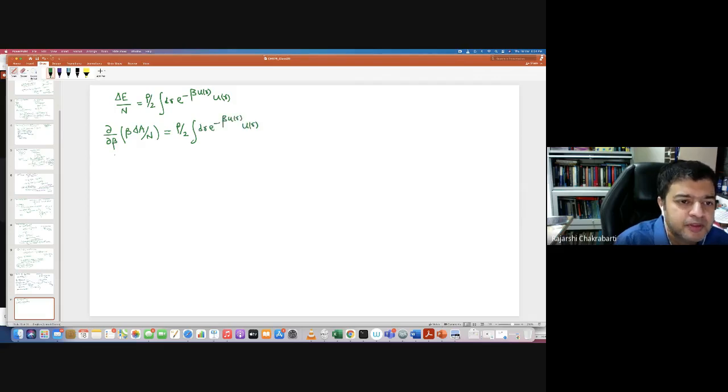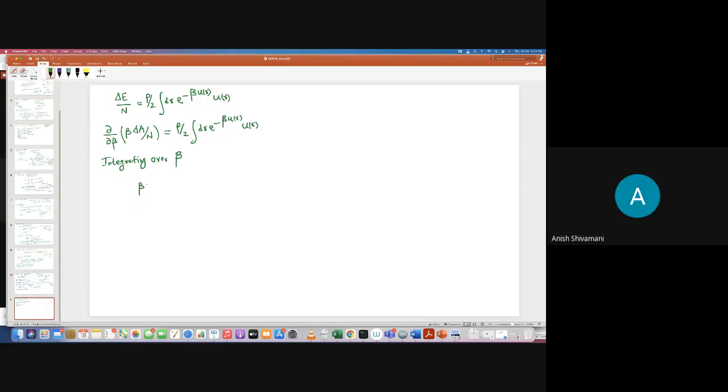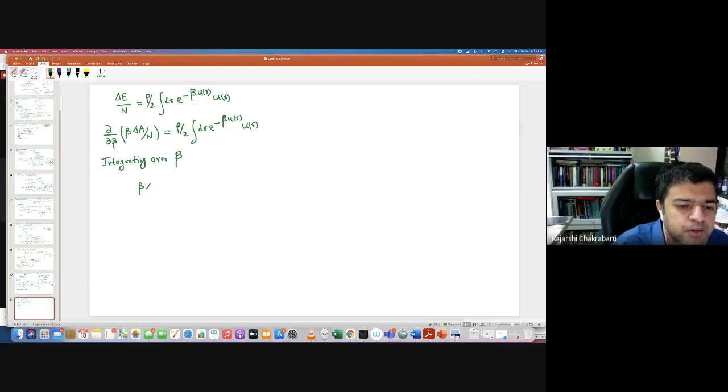Okay. Now integrating over β. What do I get on the left hand side if I integrate over β? Anish, what do I get? I should get βΔA/n.